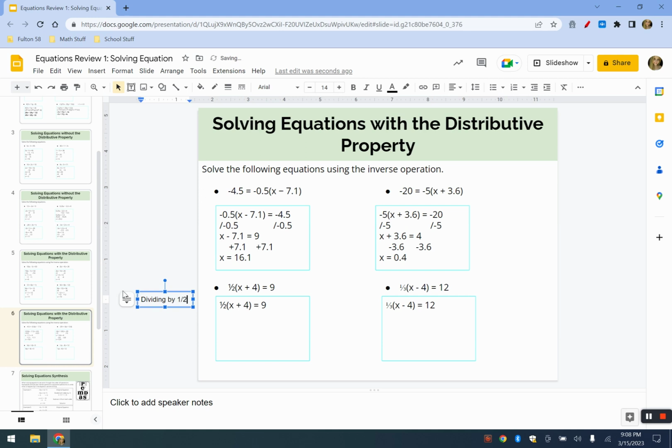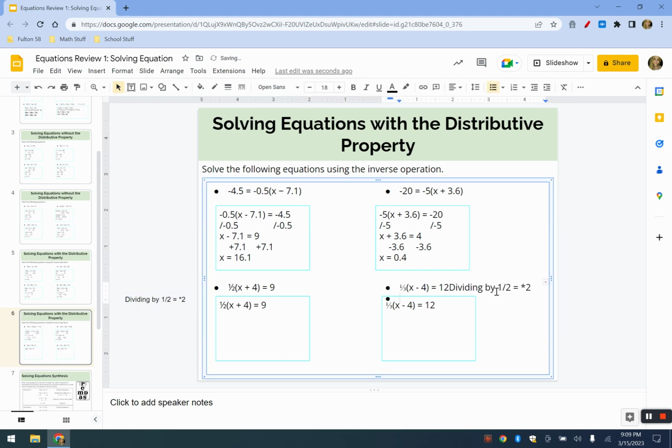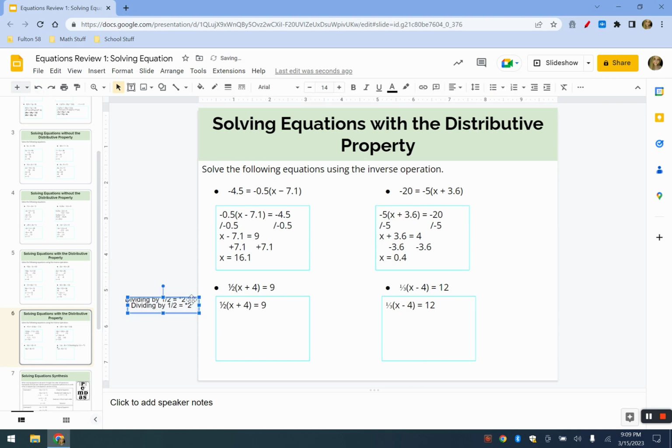So dividing by a half is going to be exactly the same as multiplying by 2. And then the same thing goes for 1/3. Dividing by 1/3 is going to be the same as just multiplying by 3, by the reciprocal.